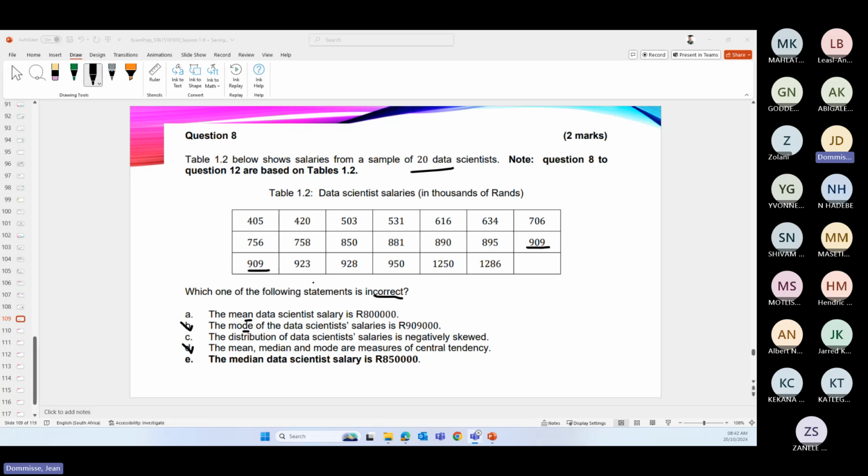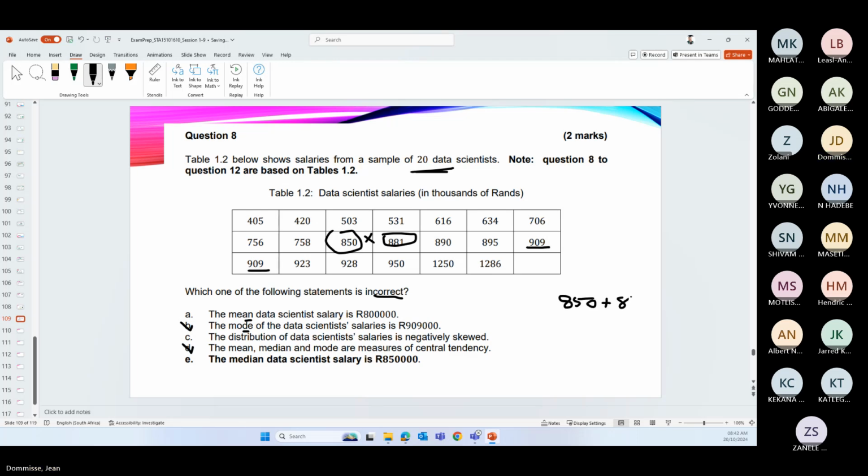So we've got 20 values. I know the median is the one in the middle. So 1, 2, 3, 4, 5, 6, 7, 8, 9, 10, and 1, 2, 3, 4, 5, 6, 7, 8, 9, 10. The number in between these two is the median.